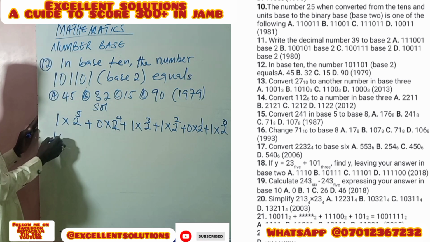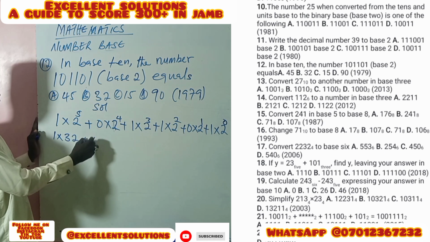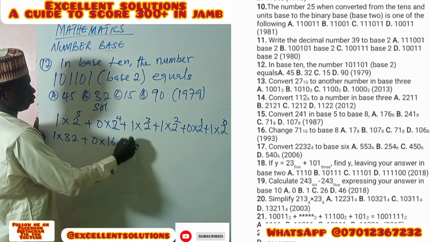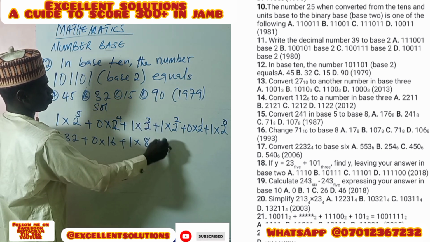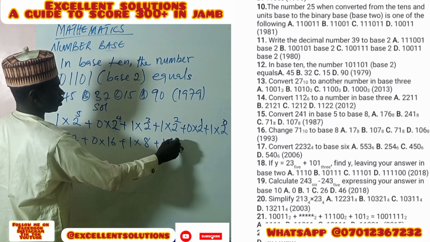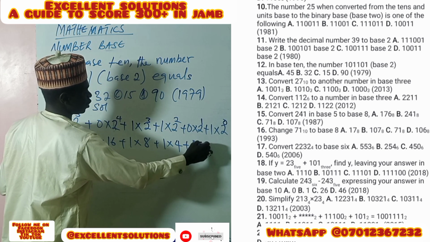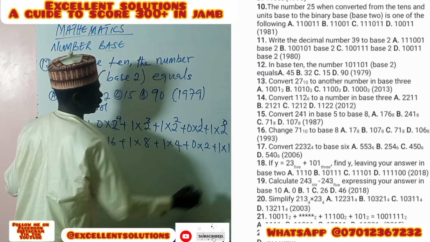This is the same as 1 times 2 raised to the power of 5 is 32, plus 0 times 2 raised to the power of 4 is 16, plus 1 times 2 to the power of 3 is 8, plus 1 times 2 to the power of 2 is 4, plus 0 times 2 to the power of 1 is 2, plus 1 times 2 to the power of 0 is 1.